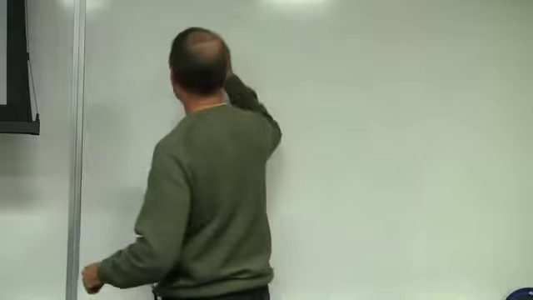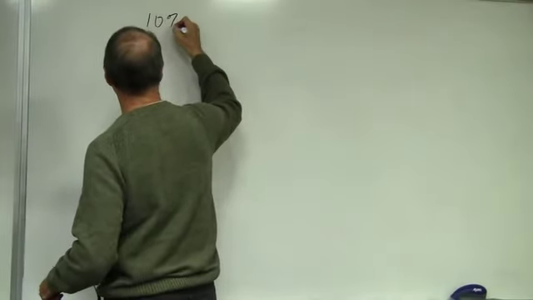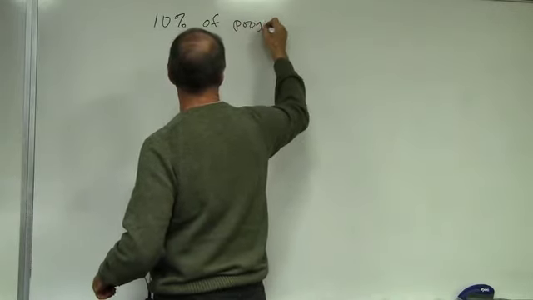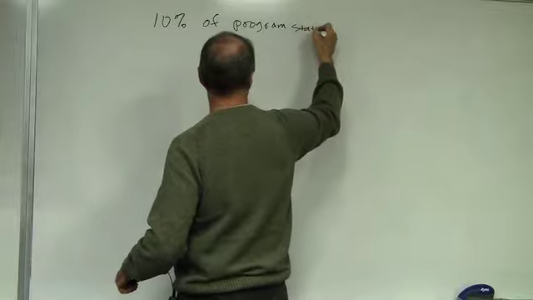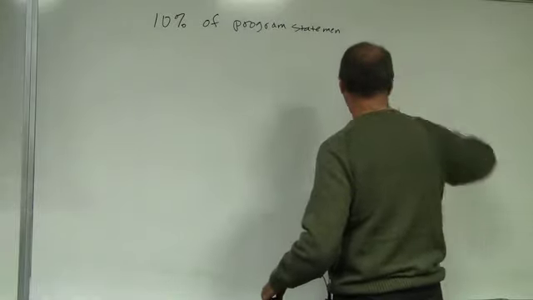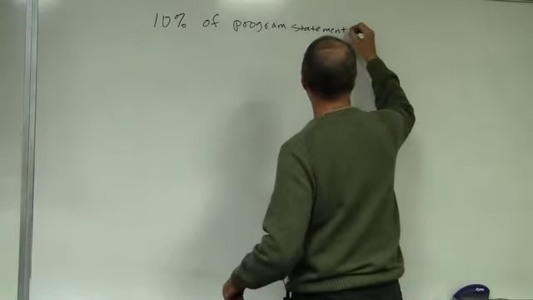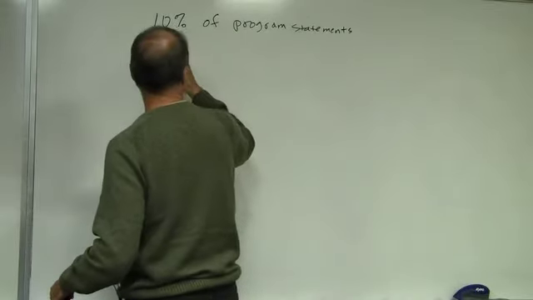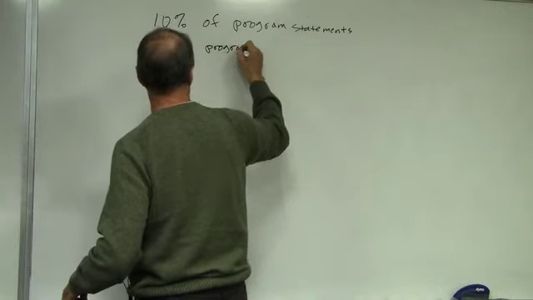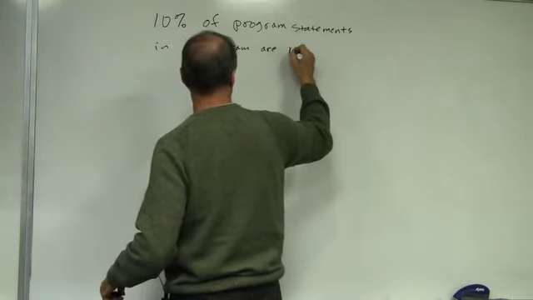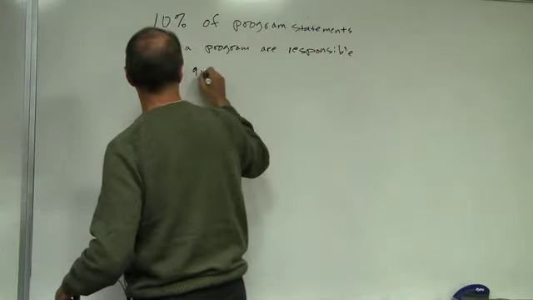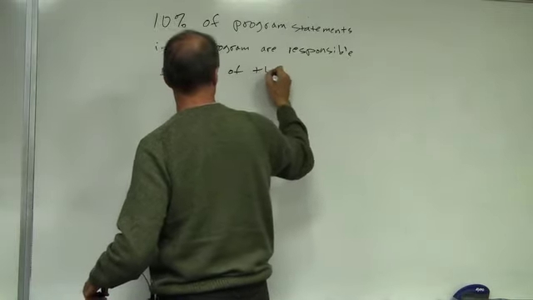This is a rule of thumb: 10% of program statements in a typical program are responsible for 90% of the execution time.